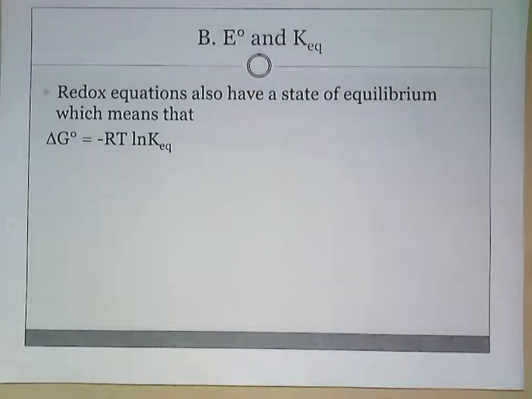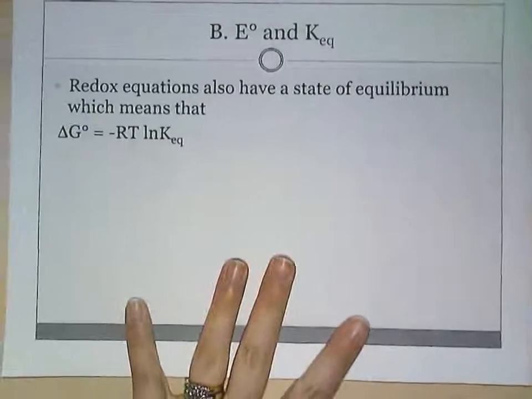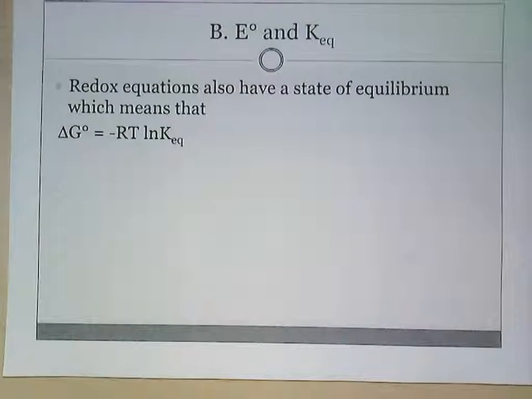Let's talk about how E0 relates to KEQ. So, from last chapter, we know that delta G0 is equal to the negative RT ln of KEQ. So the question is, how then can I relate delta G to E?